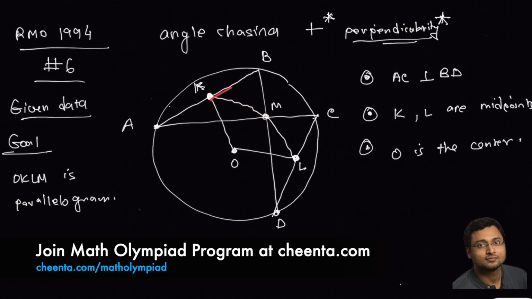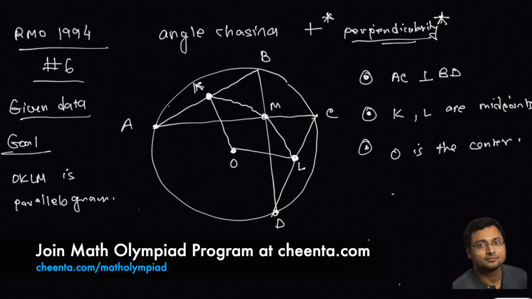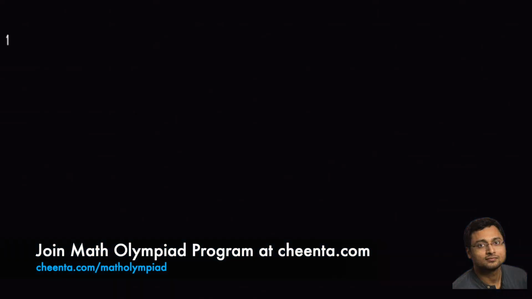is equal to KB is equal to KA. This is a standard property of right angle triangles.